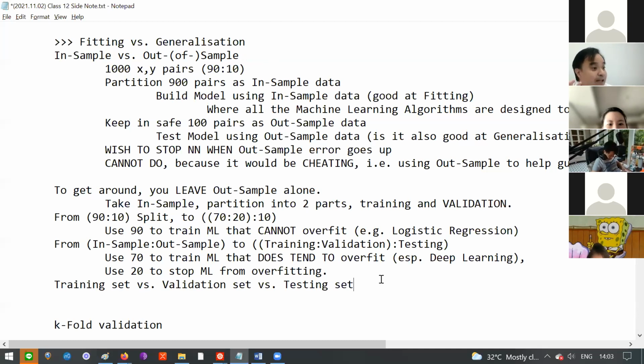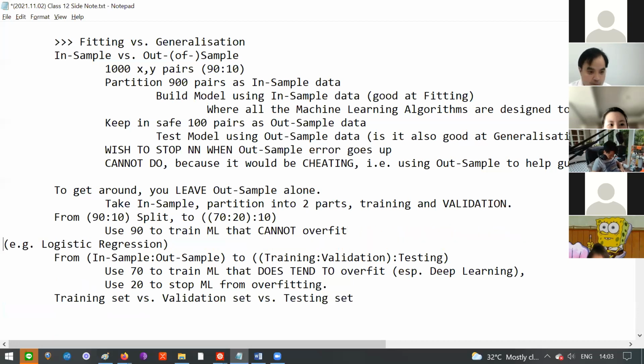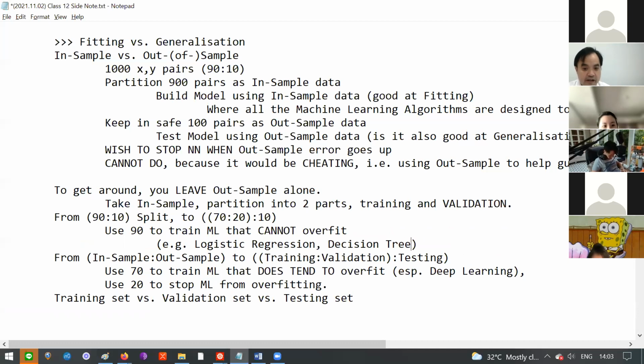now let me just mention some special cases. What about things like decision tree? We have a picture of decision tree, remember that? In decision tree, I could have a decision tree with limited branching.